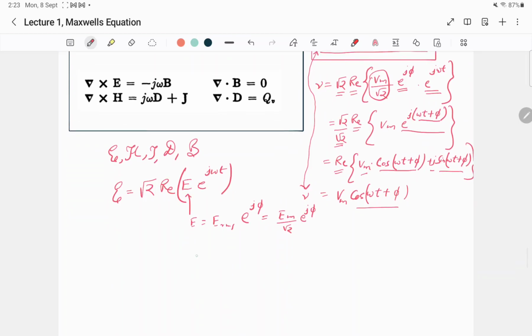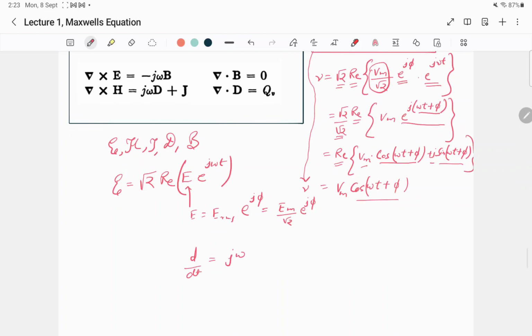Now we also know that the time derivative d by dt in phasor form can be replaced with j omega. So that is how these Maxwell's equations are written in phasor form.